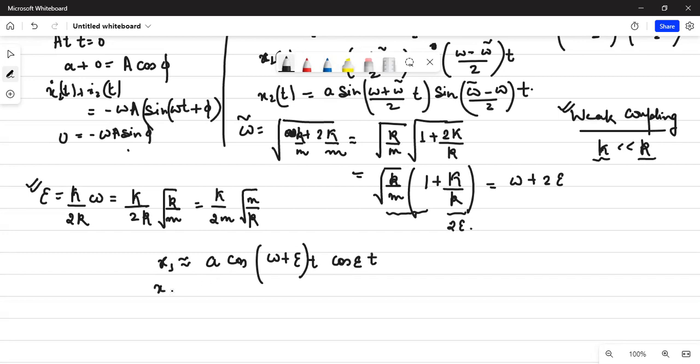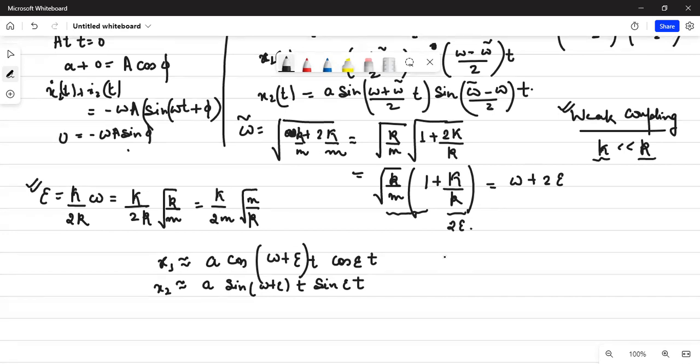And x2 as a function of time will give you sine of (omega plus epsilon) t, and then you have sine epsilon t. Is that clear? This is not a big deal, these are simple replacements.